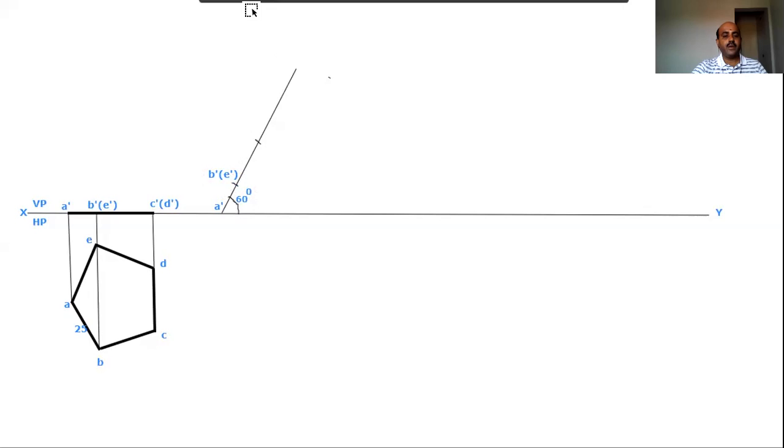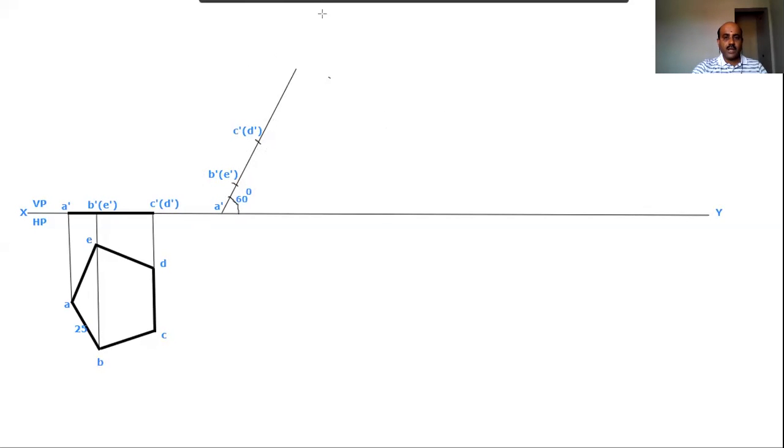Similarly, here we have C dash, and within the bracket, we have B dash. You have to transfer all the points with the help of a compass only. That is better. Always use a compass, you will get the measurements correctly. So this is A dash, B dash, and C dash.